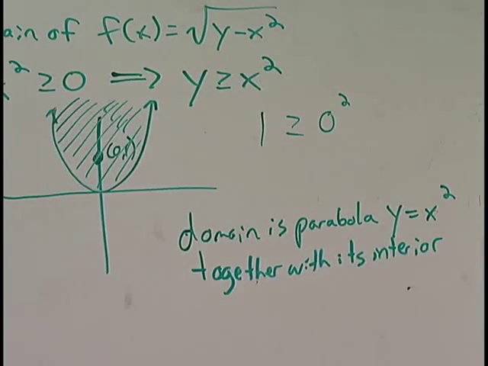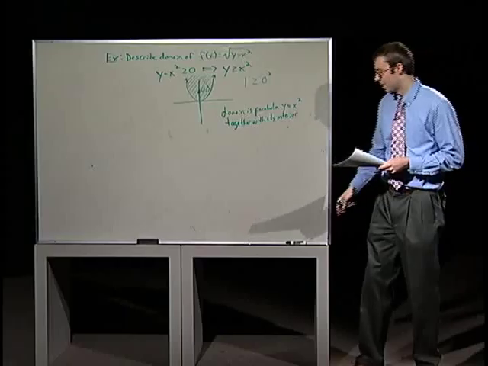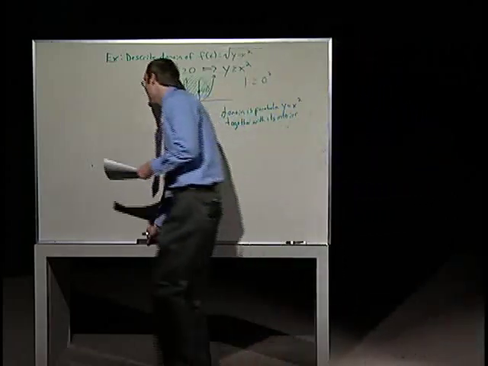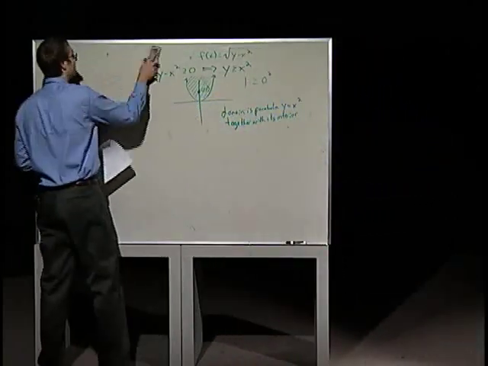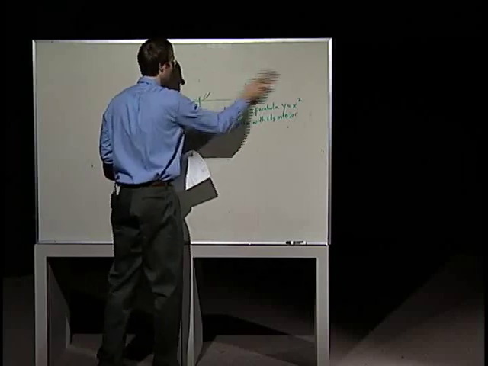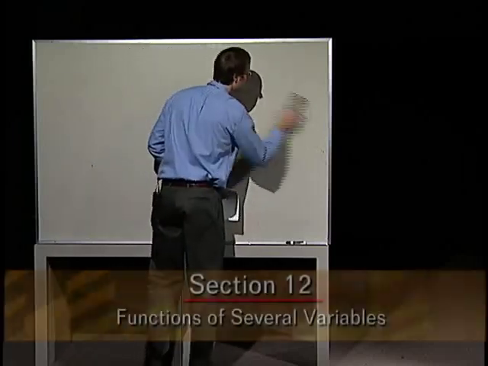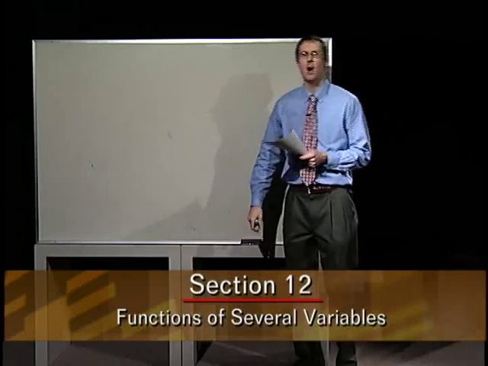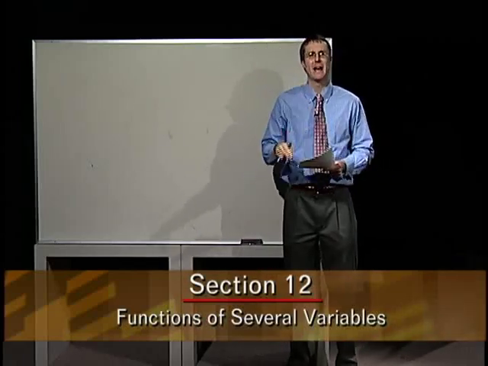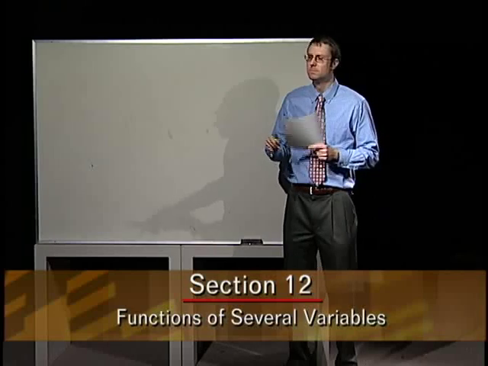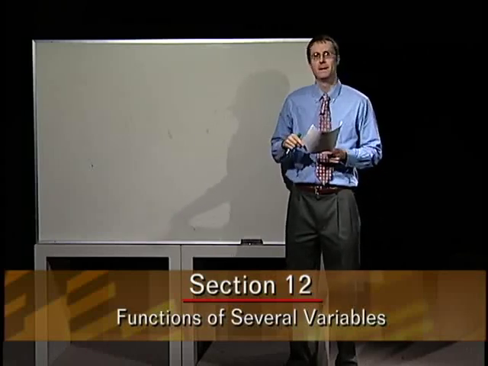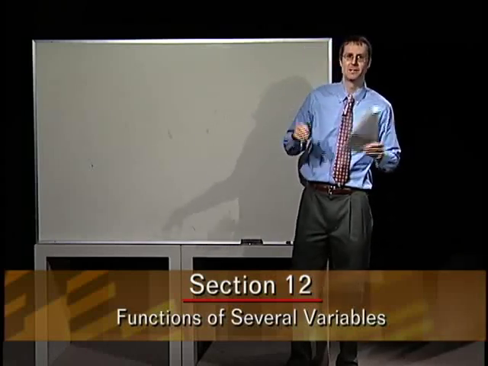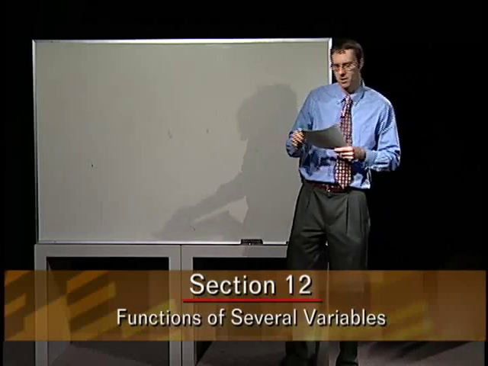Okay, so let's talk about graphing now. Graphing and level curves. All right, so let's get rid of this. We talked about quadric surfaces a while back and graphing those, but in general, we want to be able to graph any surface that we feel like, at least some surfaces that we find are pretty easy to graph.